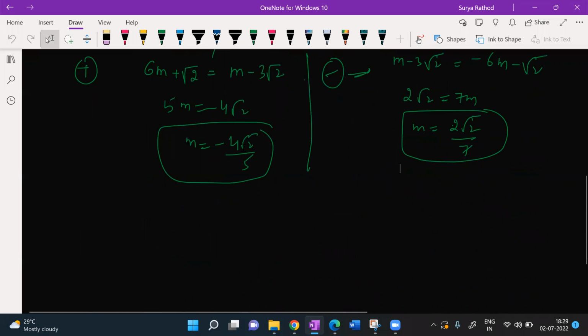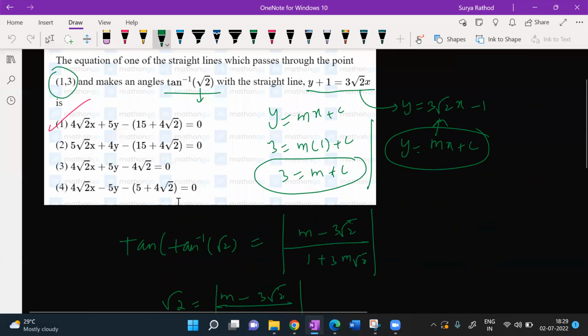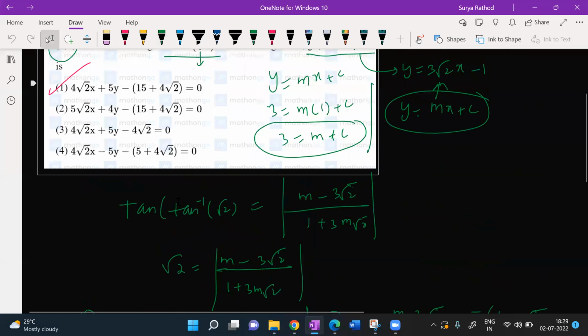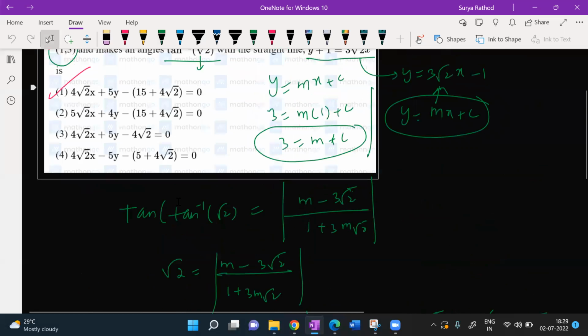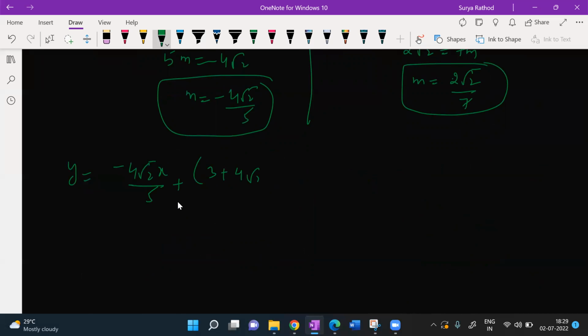So as per what the option demands, I will be choosing 2 root 2 by 7. If I choose that, look at this, what I'm going to get now: y is equal to minus 4 root 2 x by 5 plus 3 plus 4 root 2 by 5. Isn't it?